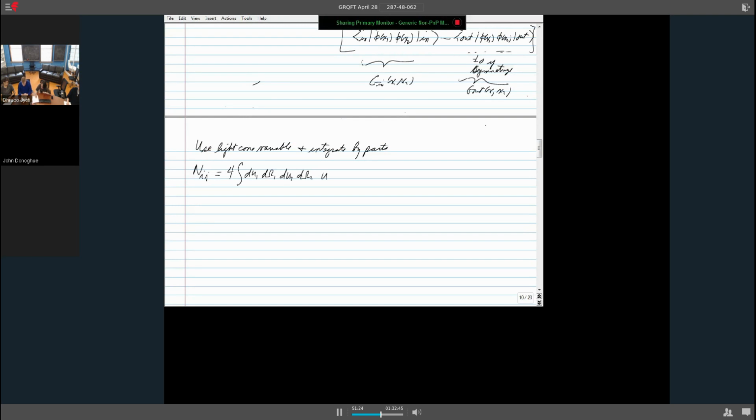At this stage, we do the following. We go to use these light cone variables, and we integrate by parts. So integrating by parts, I'm taking this derivative that's left and right and putting both derivatives on phi. Okay, this then turns into, let's call it Nij, here, I and J there.